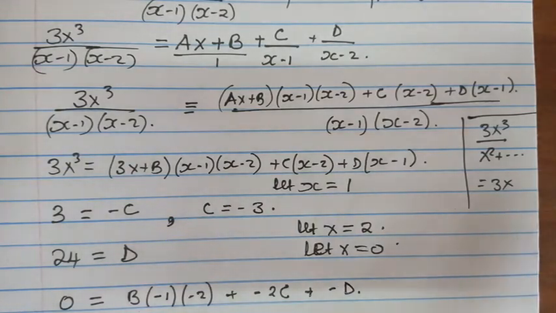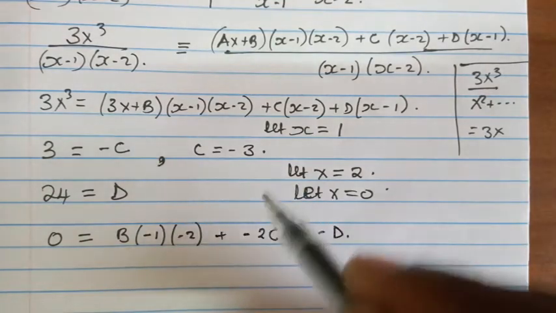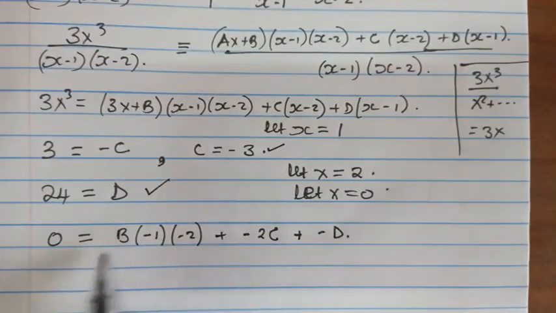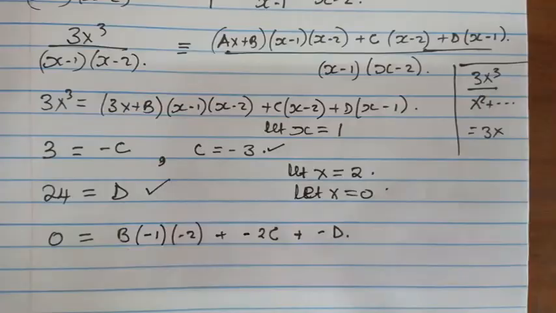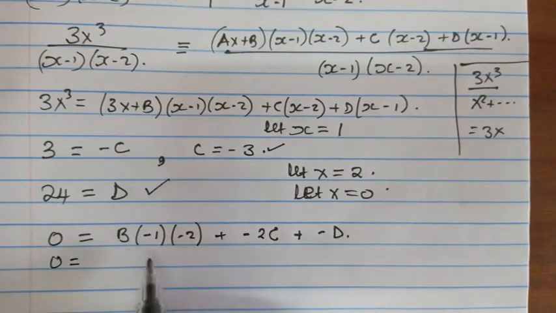But look, what do we have? We have c, we have d, so we can substitute all this in this particular expression. We have c, we have d, and of course a we know is 3.